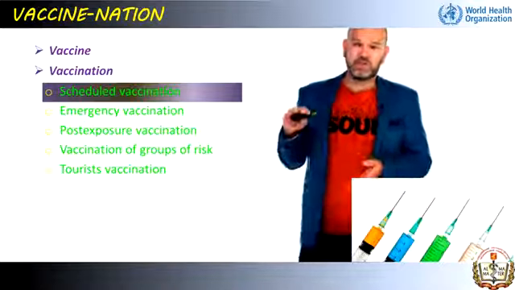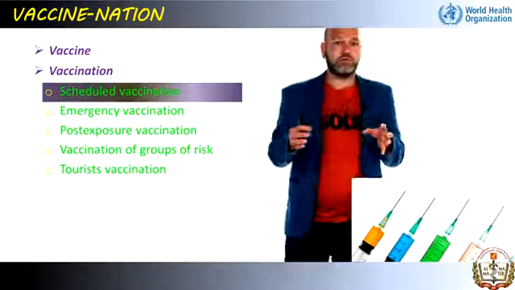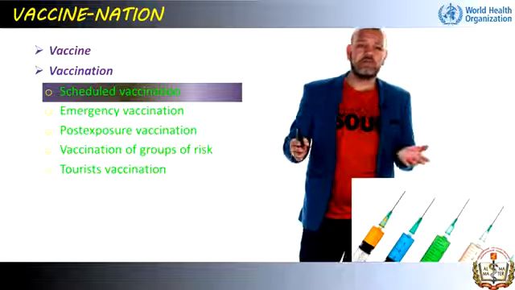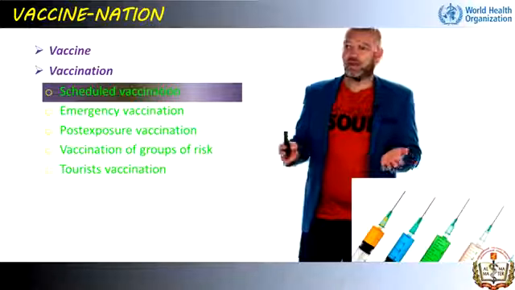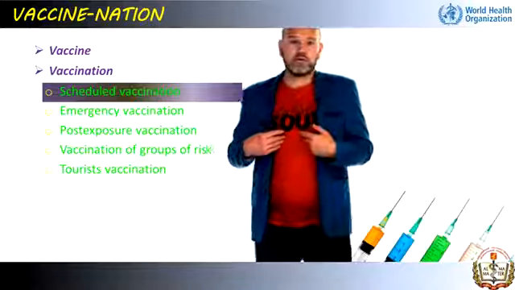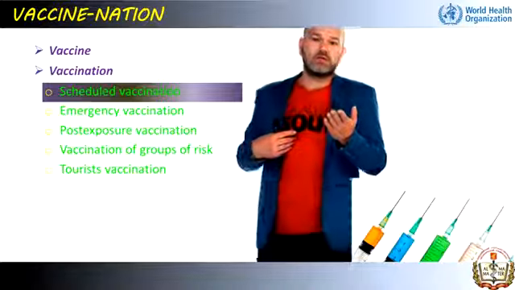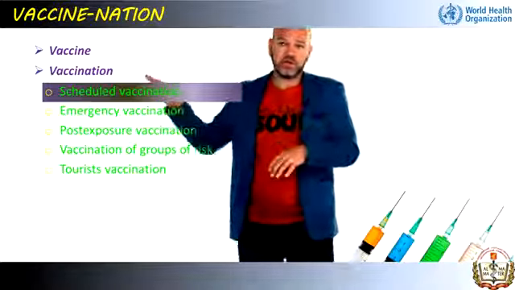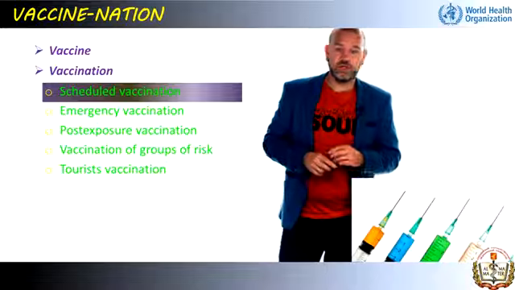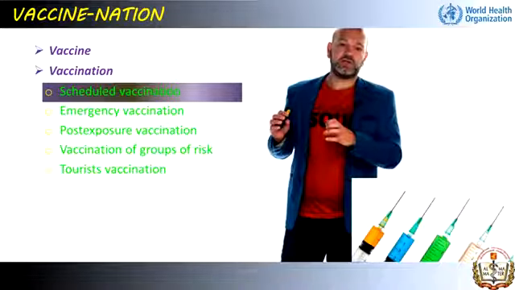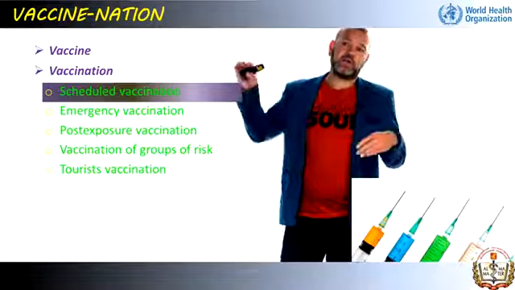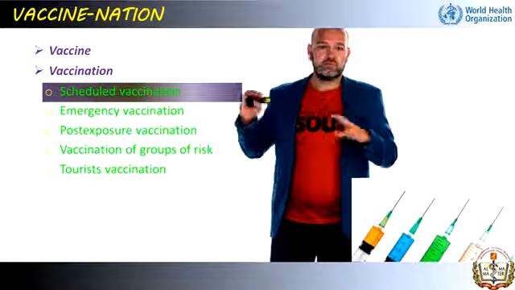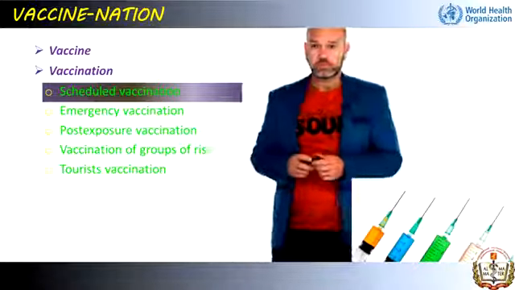But we have some diseases which are limited to only a particular area. For example, in India, you have vaccination against Japanese encephalitis. In Russia, the disease is not registered, so it's not included in our national schedule. Of course, in some Asian countries and others, other diseases are present, and we have some deviations. But some vaccines are very common, given at the same age in any part of the world.